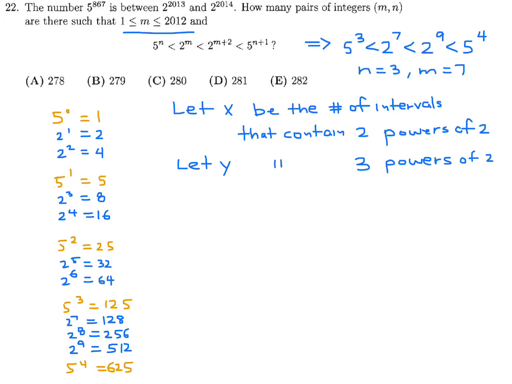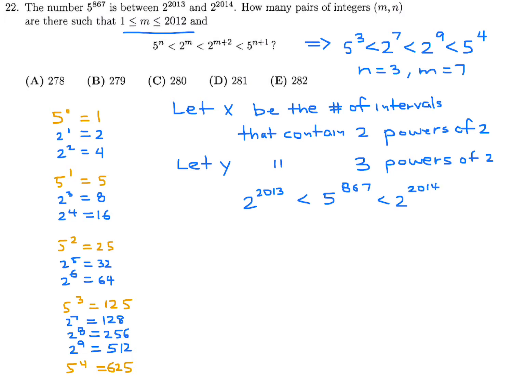Now, how long am I going to go here? And that is where this part of the question comes in. That is where that part of the question becomes helpful for us, because they must have given it to us for a reason, that piece of information. So that tells me that 5 to the power of 867 is between 2 to the power of 2013 and 2 to the power of 2014.